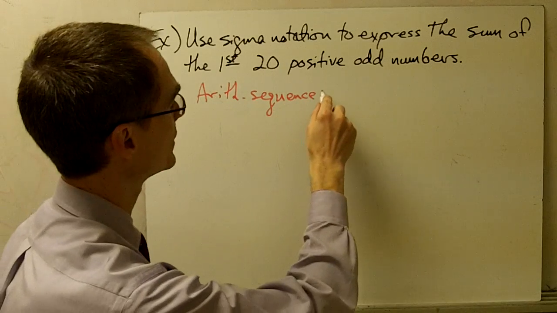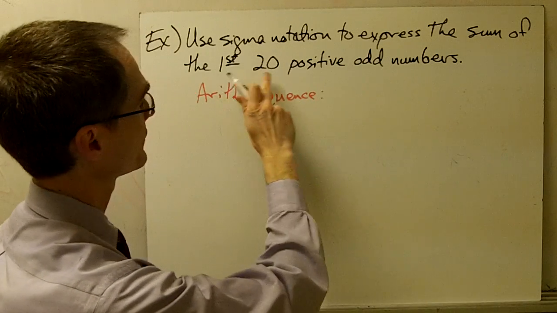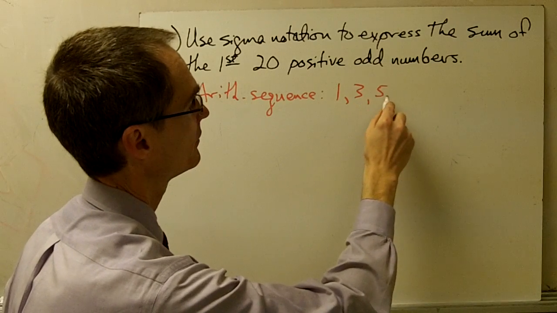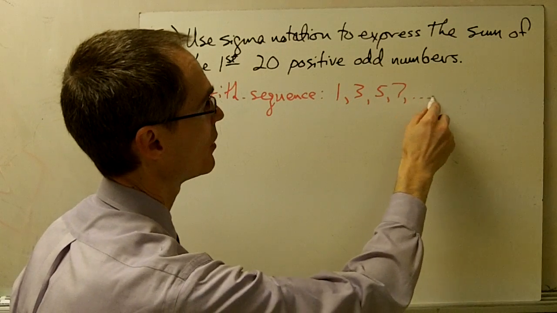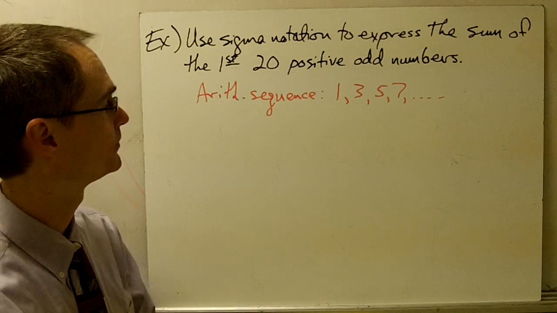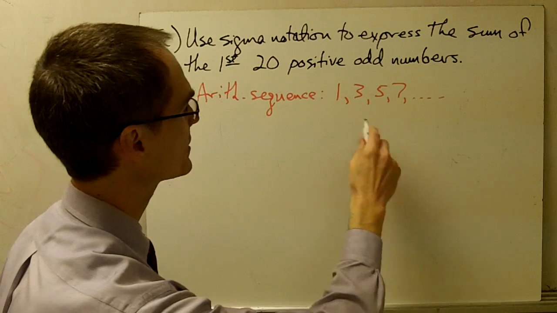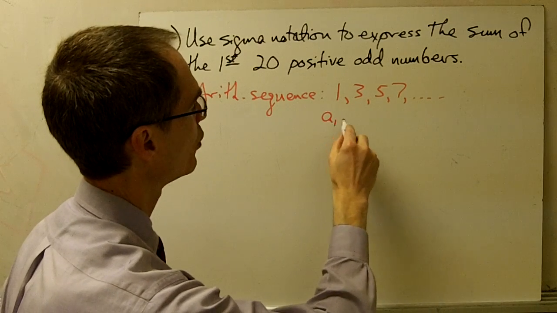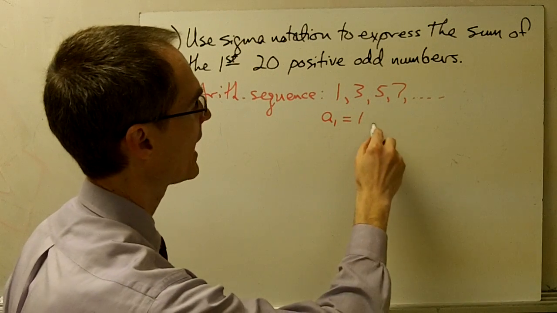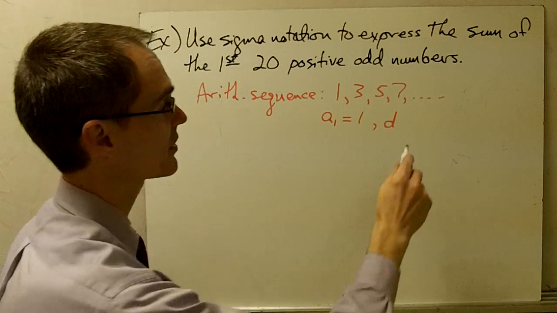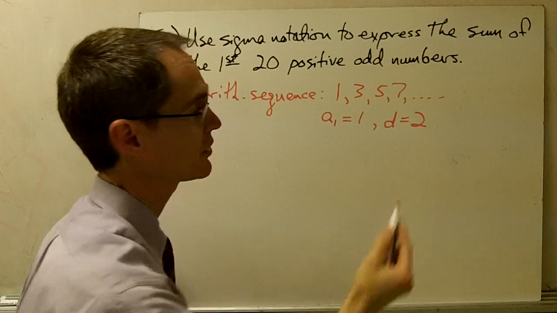And the arithmetic sequence we could write as 1, 3, 5, 7, and so on, up to the 20th odd number. Well, I noticed that for this particular arithmetic sequence, a sub 1, the first term, is 1, and d, our constant difference between the terms, is equal to 2.